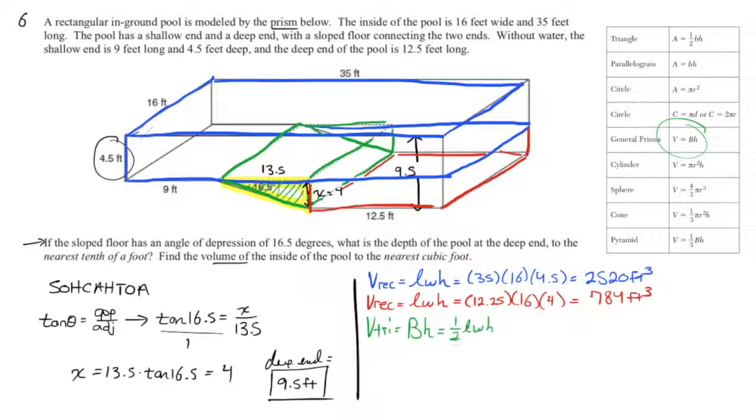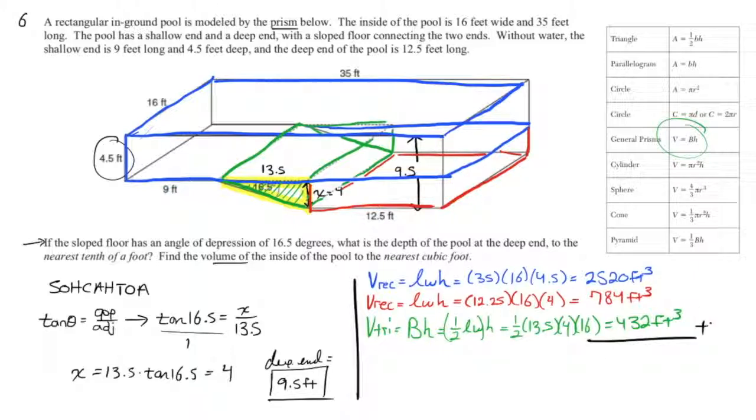So that there is the capital B part. And we have a length of what could be 13.5, a width of what could be 4. You could say height, but then you'd confuse it with the actual three-dimensional height going this way, which is definitely 16. And 1/2 times 13.5 times 4 times 16, and we're in at 432 feet cubed.